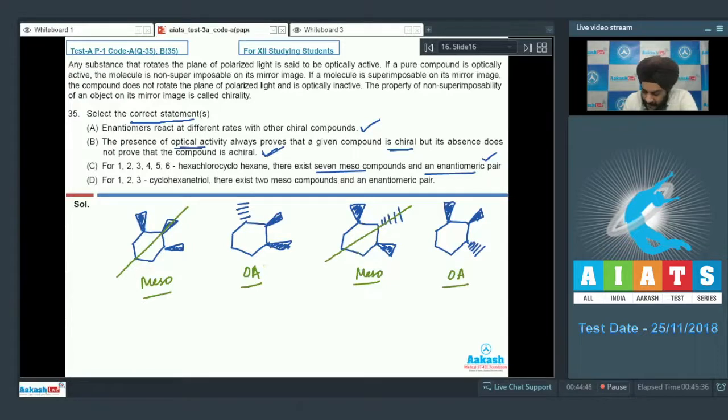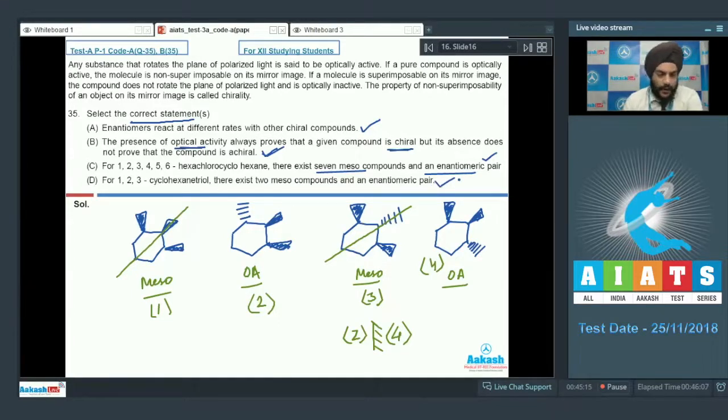Now, as far as these 2 species are concerned, we can see that structure 2 and structure 4 are mirror images to each other. So 2 and 4 form an enantiomeric pair, whereas structures 1 and 3 are meso compounds. So students, the statement given in option D is also correct.